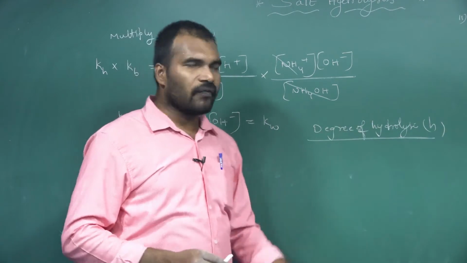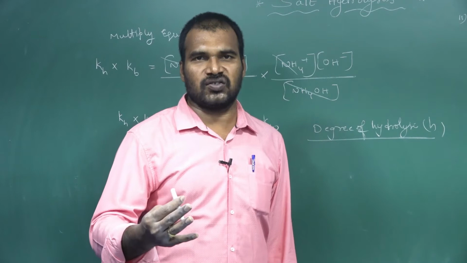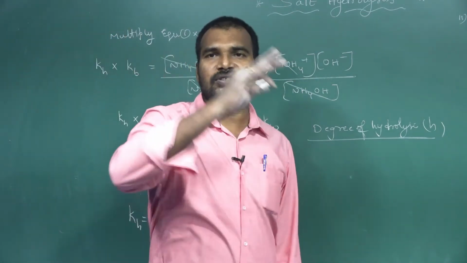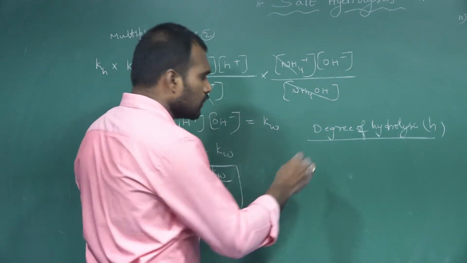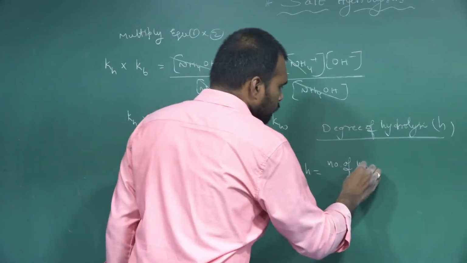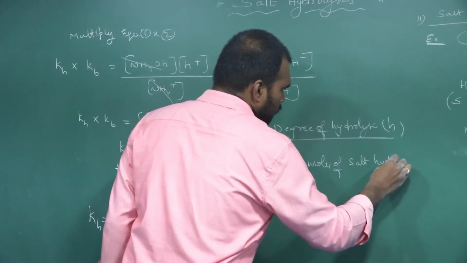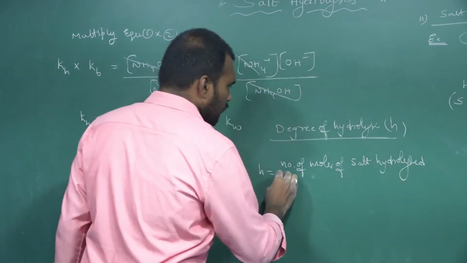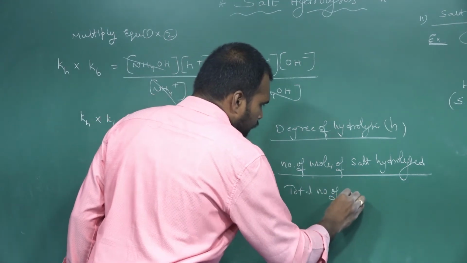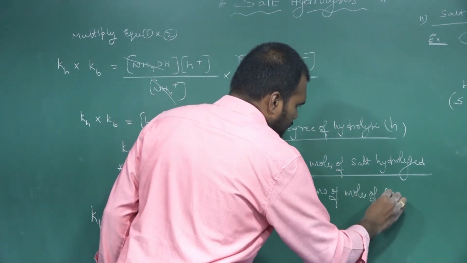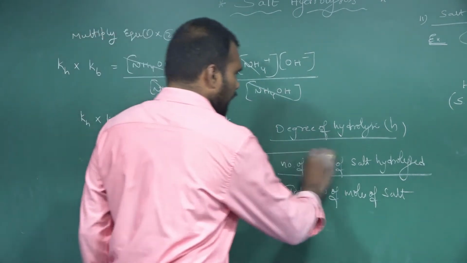So we have a formula: h is equal to the number of moles of salt hydrolyzed divided by the total number of moles of salt. So this is the degree of hydrolysis.